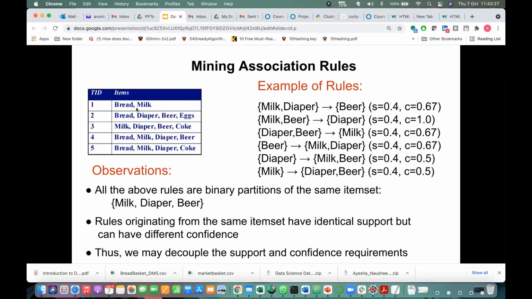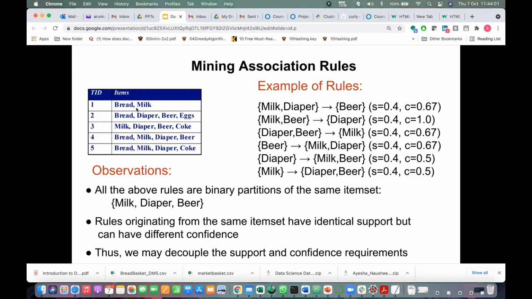See, to get one item implying another item, what frequent item sets do we need to search? The question is, we want to have association rules where X is only one element and Y is also only one element, meaning milk implies diaper, beer implies diaper.